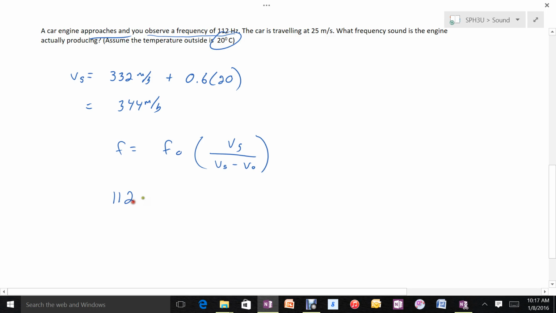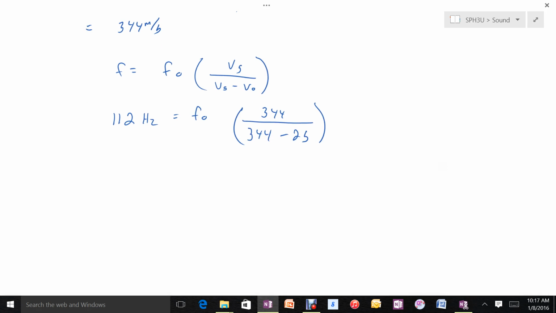So if you observe 112 hertz, the question is, what's the original frequency? I'm just going to simplify everything on the right-hand side before I try and rearrange.